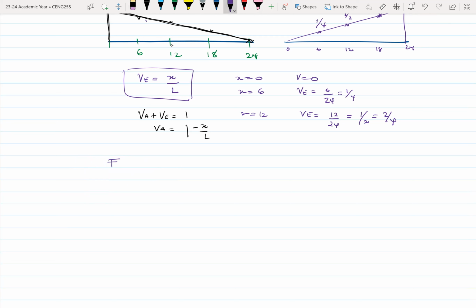All right, so let's look at the forces in members. Okay. So at this point, your understanding of classes plays a critical role, especially using the method of sections.